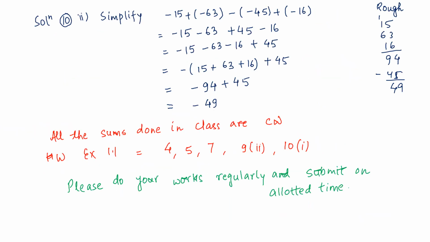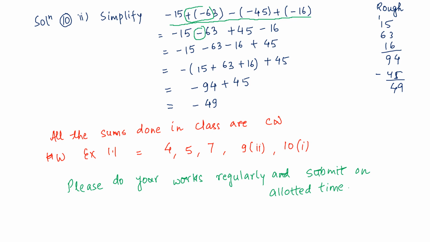Now we have question number 10. Simplify. Simplify means we just have to solve it. The question given is minus 15 plus of minus 63 minus of minus 45 plus of minus 16. Whenever two different signs are coming together, they are minus. So minus of 15, now plus into minus will be a minus.